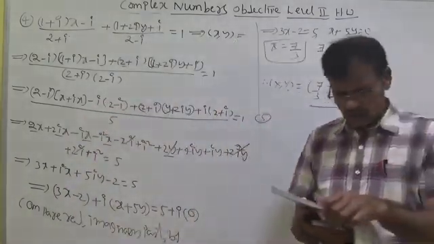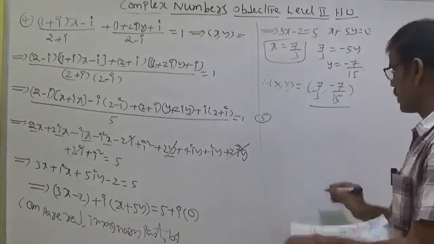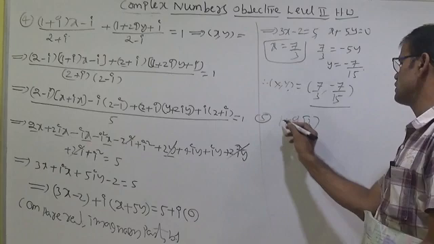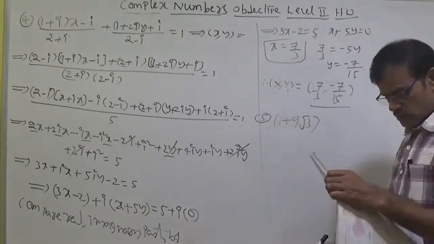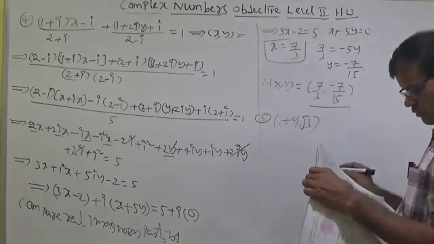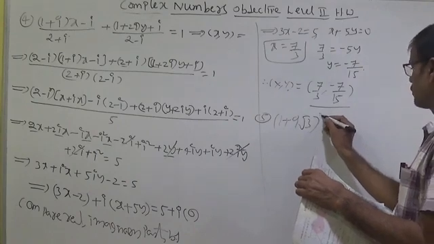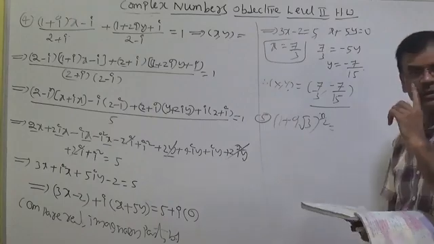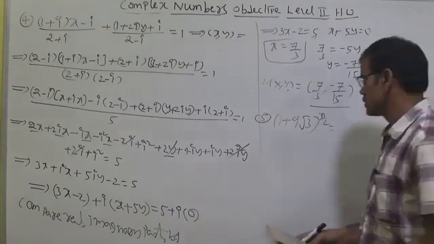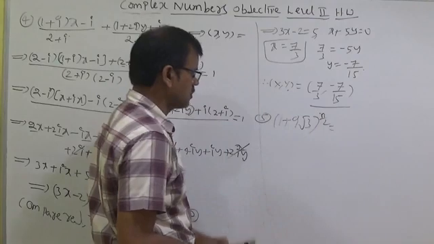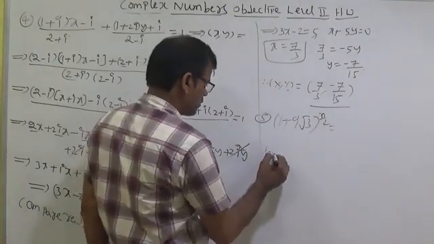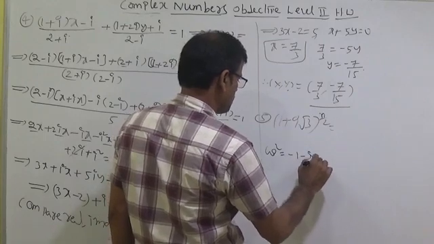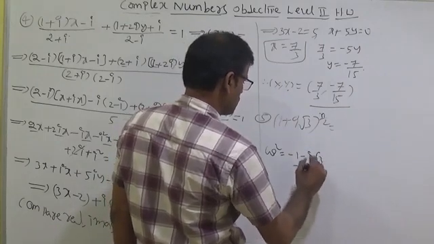The smallest positive integer n for which (1 + i root 3) by 2, whole power n, is equal to dash. What is the value of (1 + i root 3) by 2? Let us remember the value: omega square is (−1 − i root 3) by 2.